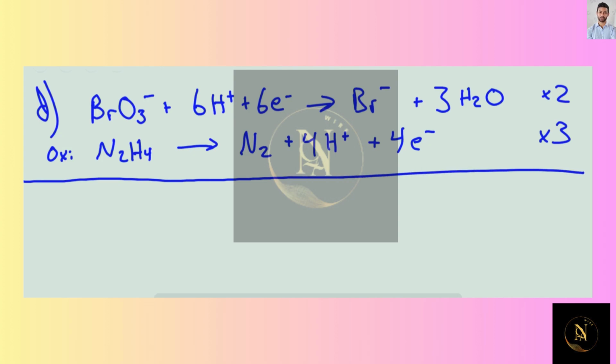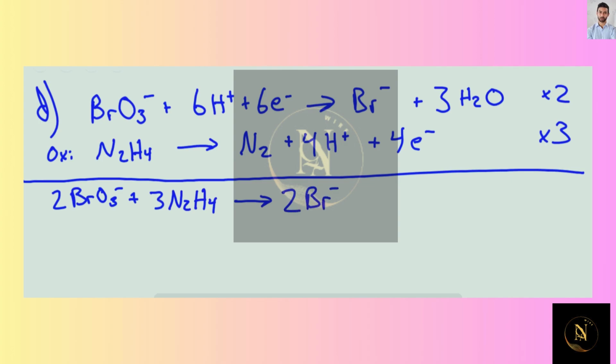And so we get 2BrO3 minus plus 3N2H4. Now the protons will cancel as well as the electrons, so we don't have protons.